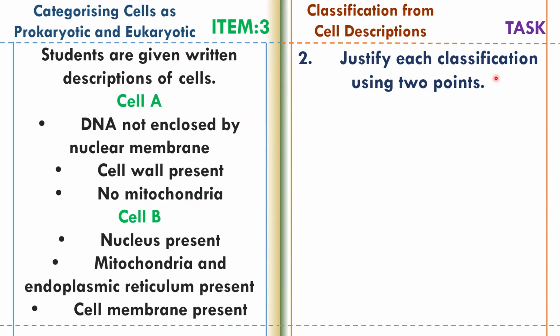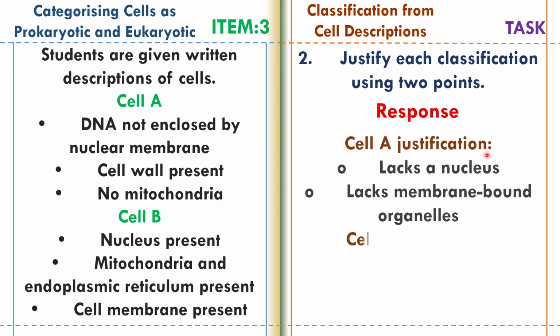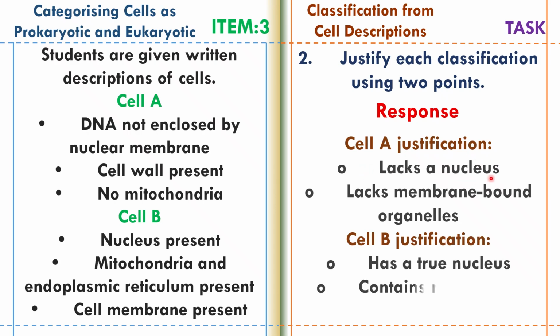Justify each classification using 2 points. Cell A justification: lacks a nucleus, lacks membrane-bound organelles. Cell B justification: has a true nucleus, contains membrane-bound organelles.